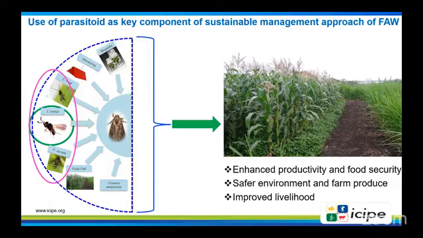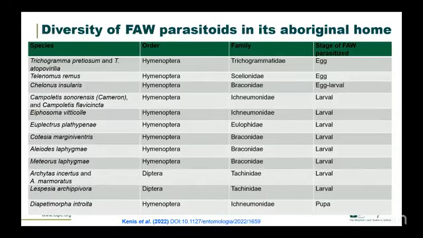But here our focus is on the parasitoids. There is some work that was done by Mark Kenneth, and he realized that the diversity in Africa, and other places where it has invaded, is very high.